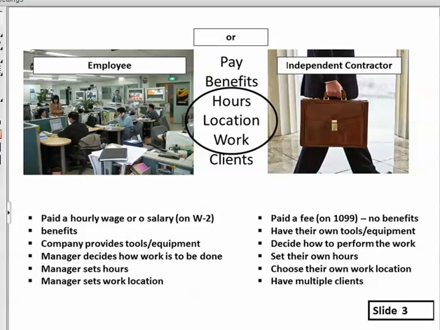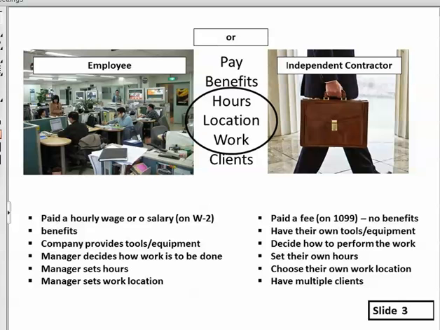If they're employees, there are very specific things that we need to do. How we pay them, what benefits we provide to them, several things we talked about last week. Where if they're an independent contractor, we have an awful lot more flexibility. Now, the key, though, is again, who determines when the person is going to work, where they're going to work at, and what work they're going to do.